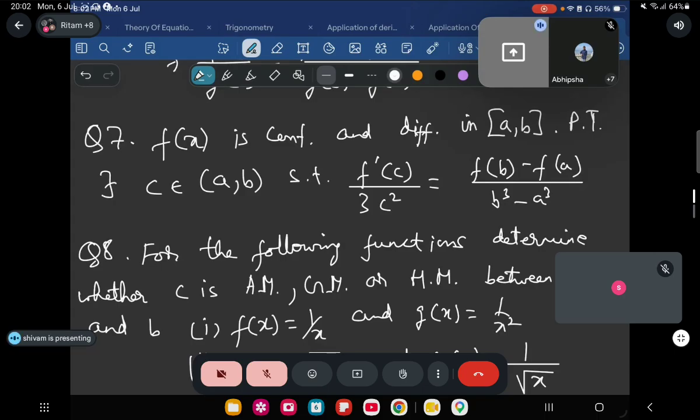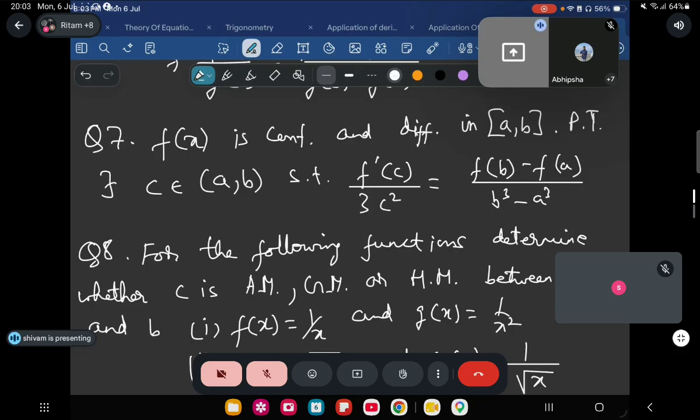Tell me, is it done? Okay, only Raktim and Devang have sent. What about others? I think I have to solve the first one. Look at the denominator, everyone. In the denominator, whose differential is given?